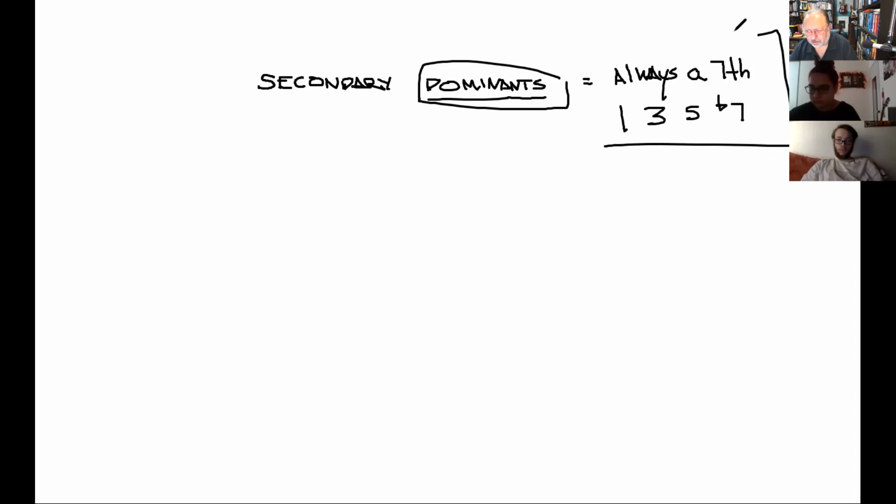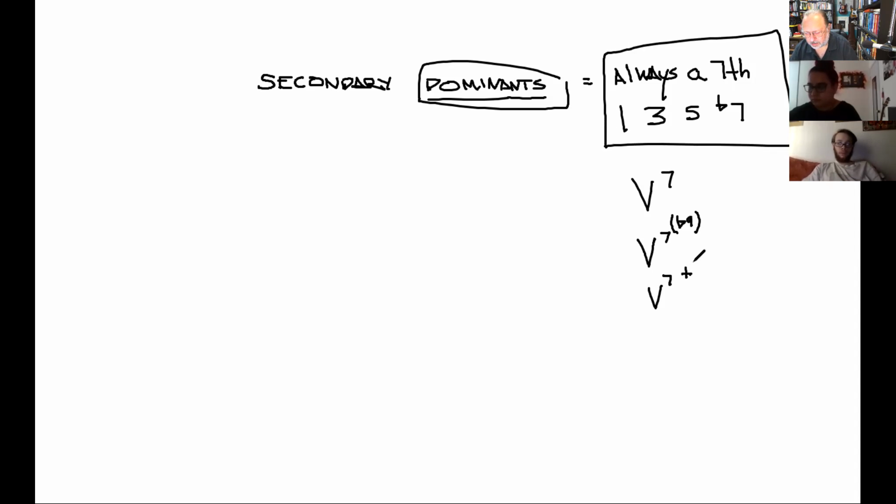Now there's variations of a seventh chord. You have 5-7, 5-7 flat 9, 5-7 plus 9, and then you have a 5-7 sharp 5.